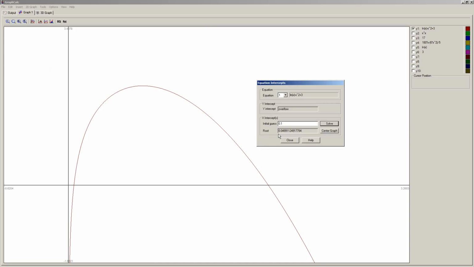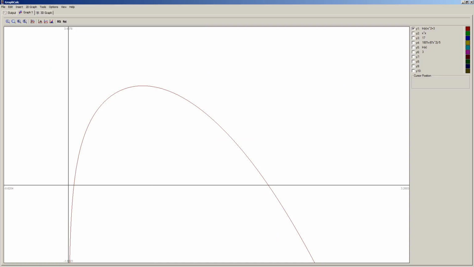So now a question that one may ask is, which root will this find? Does it find the root closest to the initial guess? And the answer to that question is that it is very, very complicated.